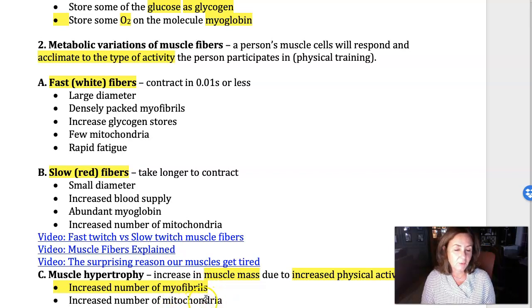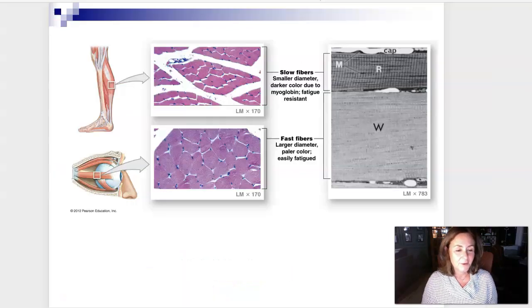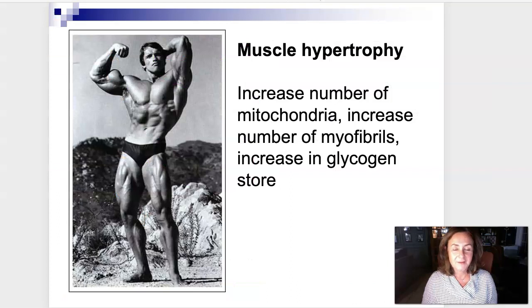Of course, mitochondria will increase, but usually when people hypertrophy a muscle, it's a white fiber, and so they're really not going to have lots and lots of mitochondria. To go back to the slides as an example, with muscle hypertrophy, this would be an enlarged muscle size, not because the muscle has more cells, but because each of those cells is bigger.